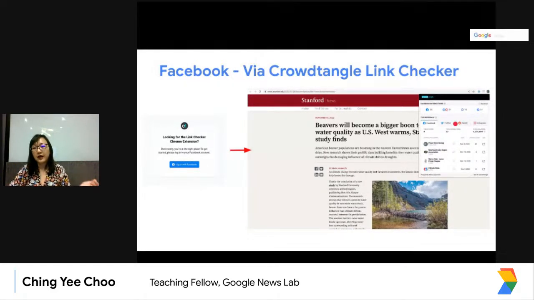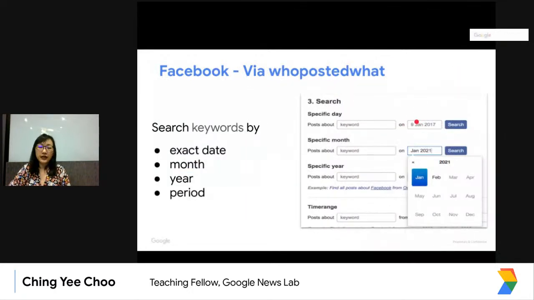So that's allowing you to also know how far a misleading claim has spread. But the thing with this is, the extension is free, but the CrowdTangle search is something that newsrooms would have to apply to get access to. So yeah. So the next tool that we'll look at is Who Posted What.